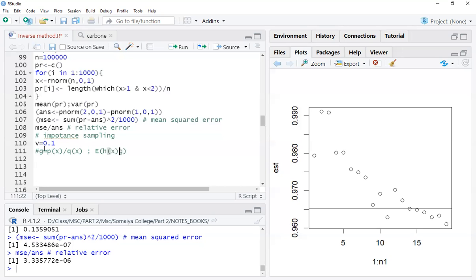We can consider x also here, no problem. H of x into g of x, but make sure we are considering the expectation under q. So this part is your importance part.